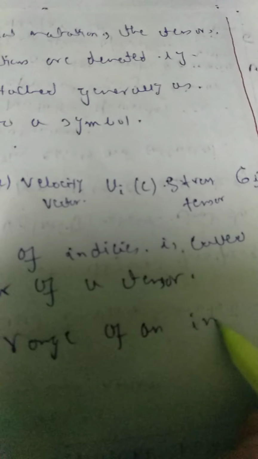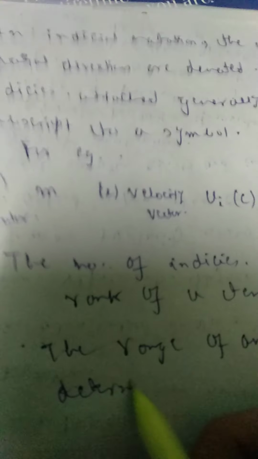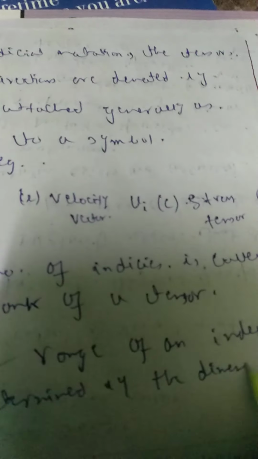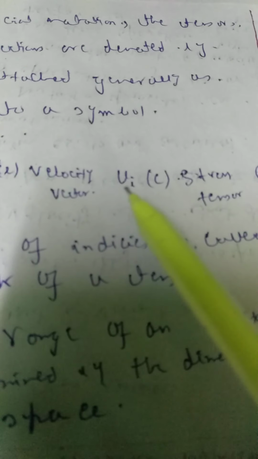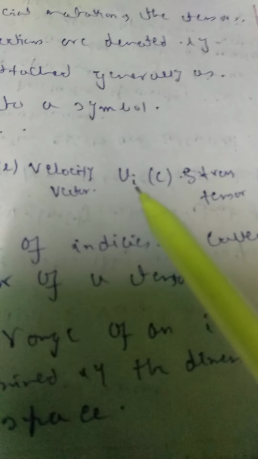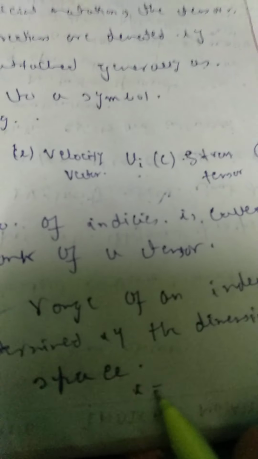The last point, the range of an index is determined by the dimensionality of space. For example, for the velocity vector in three-dimensional space, in 3D, i will take values from 1 to 3.